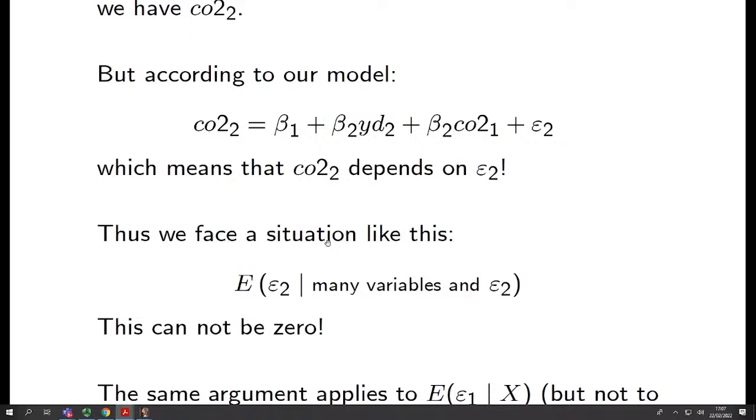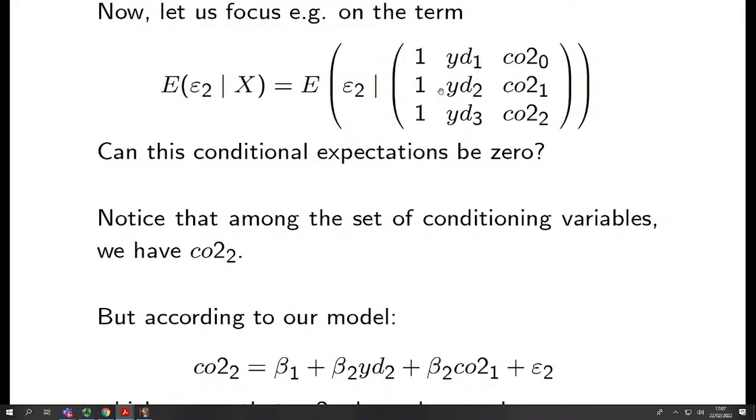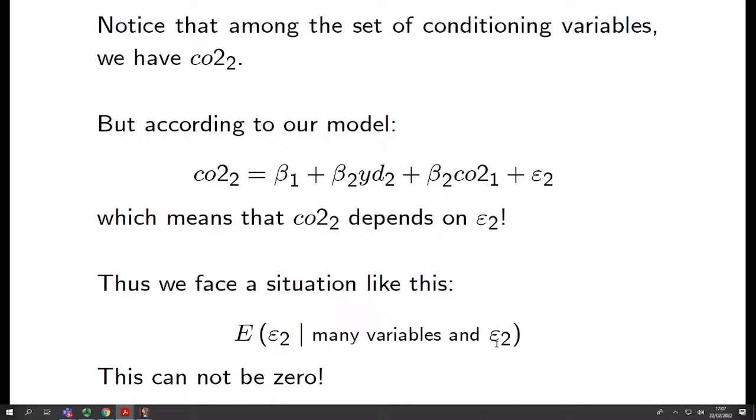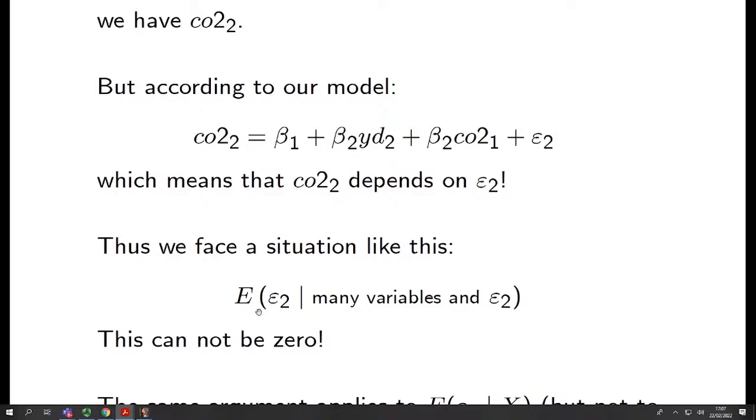We are facing the situation where we have the expected value of epsilon 2 conditioning on many variables. We have many random variables here. But among the many variables, we also have epsilon 2. It's not magic. It's simply because of the dynamics. If you take the expected value of one variable conditioning on itself, it can never be 0.